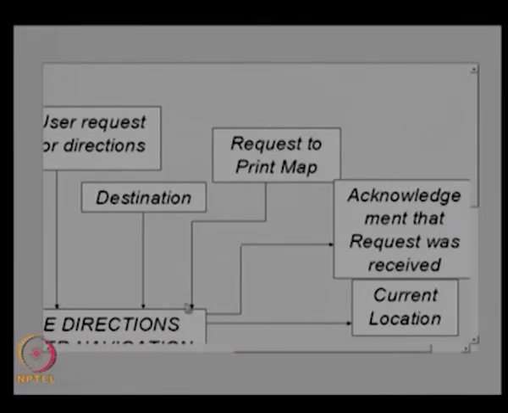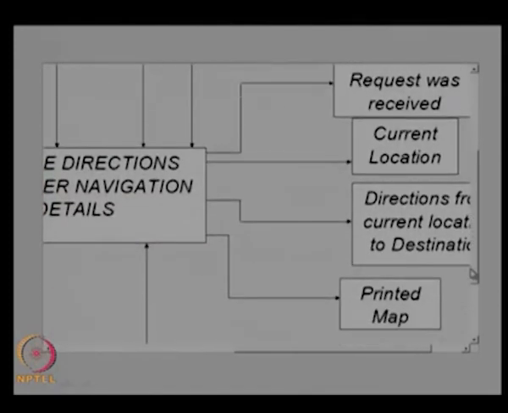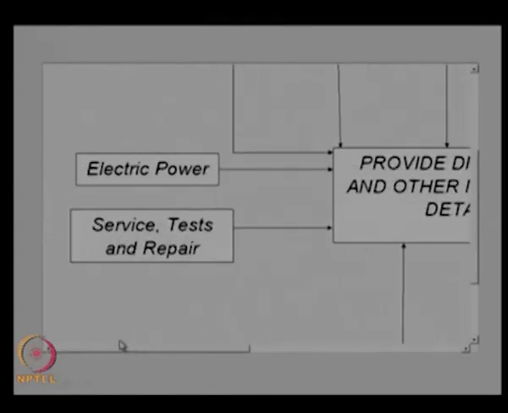Similarly, the outputs from the system are acknowledgement, location details, navigation details, and printouts. So, these are the outputs, and these are the main inputs to the system.